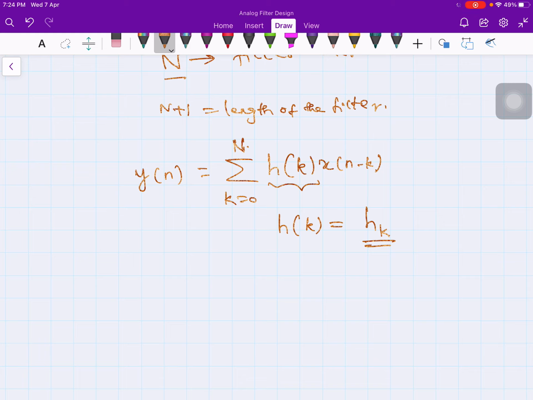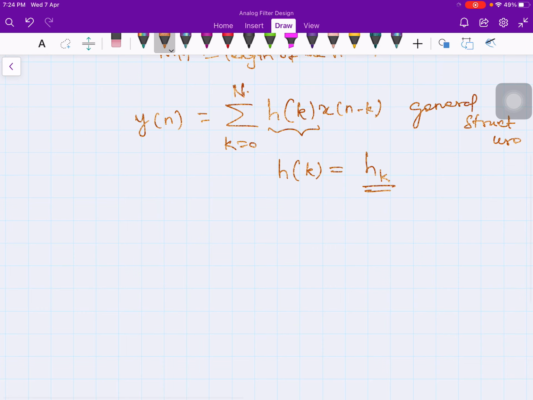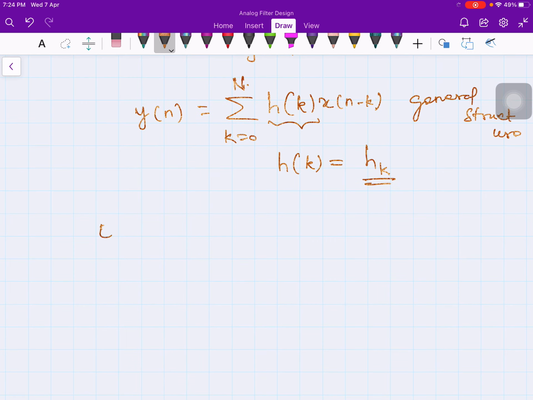Now for a general structure you can write it. Let us do it for a specific example. This is a general form, right? Let us do it for a specific structure. Let's say capital N equal to 4.